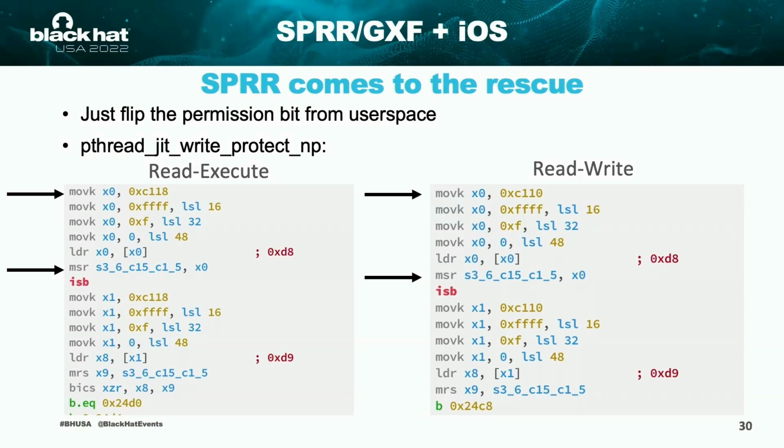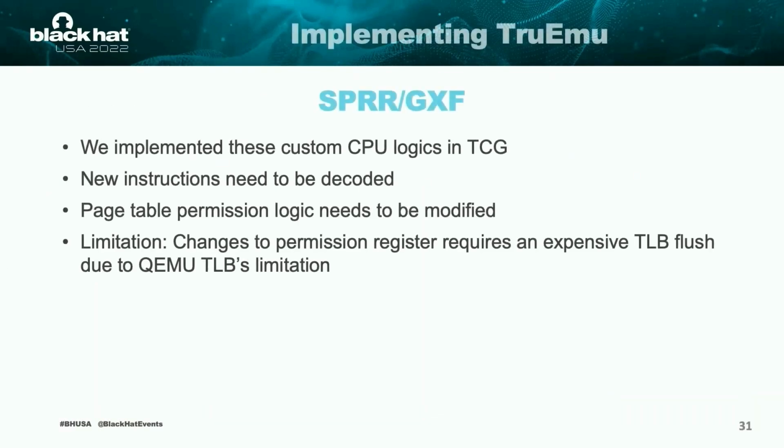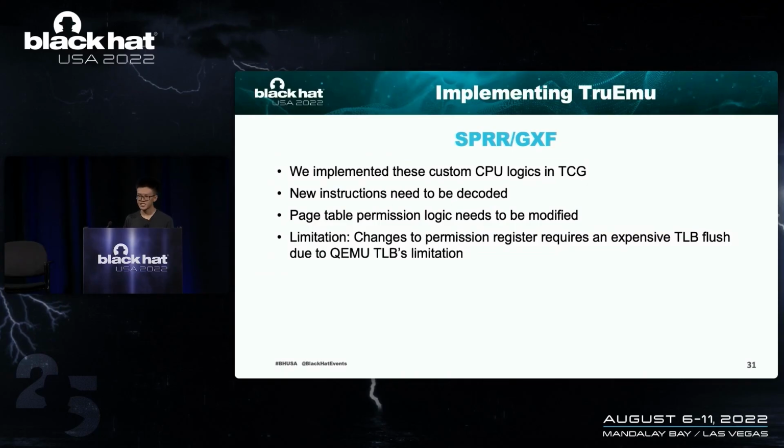With this completed logic, we have to implement it in QEMU in order to add support for it. How do we do that? First things first, you need to decode more instructions, which are genter and gexit. These are custom instructions.